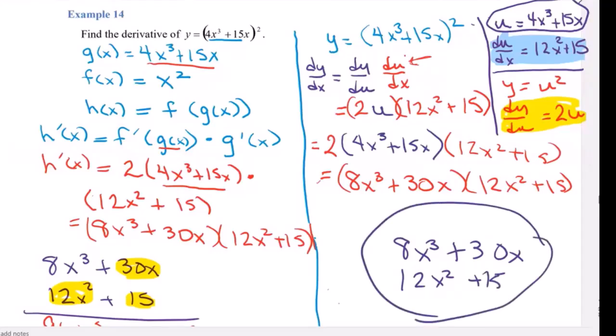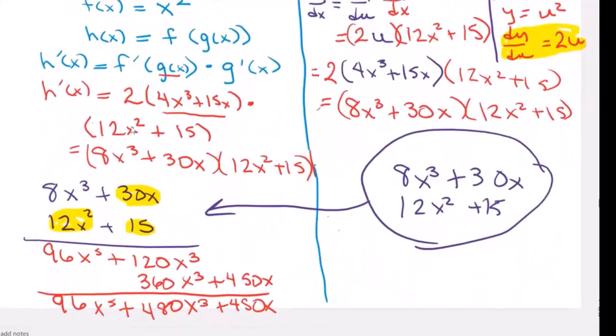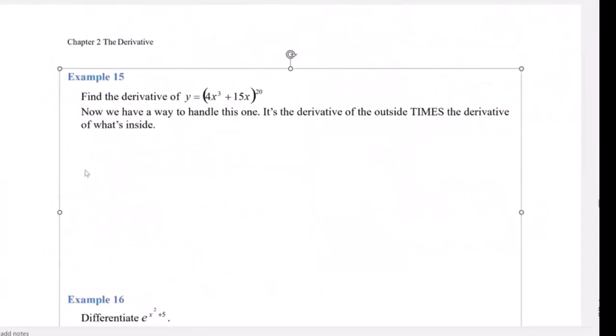And notice this matches this, so they must have the same answer. So I just showed you that it works both ways. You will get the exact same answer both ways that you do it. All right, so let's try doing the chain rule one more time.